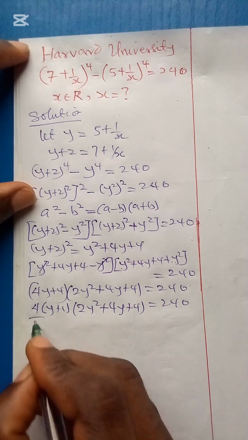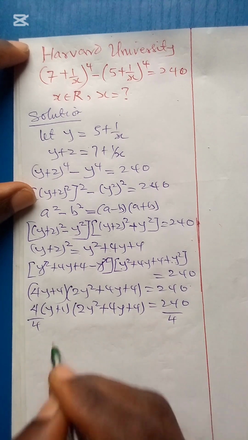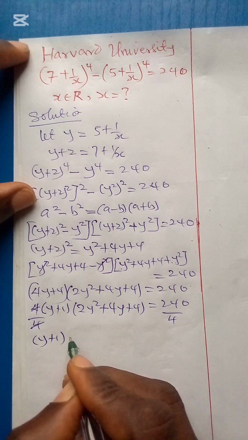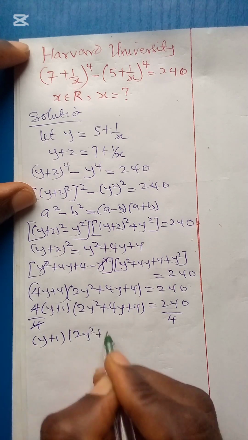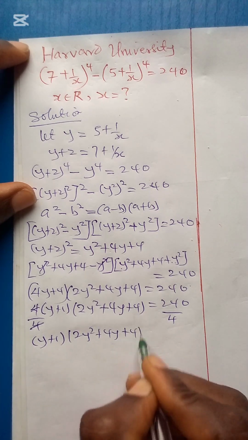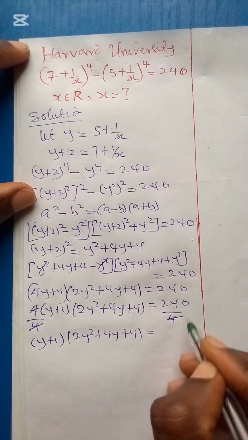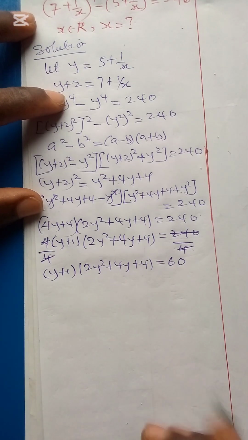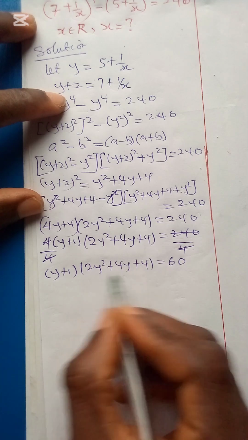So I need to divide both sides by that 4 that I factorized out. This and this will cancel out, giving us (y plus 1), then (2y squared plus 4y plus 4) equals 60, since 4 in 240 is 60. Again, 2 is common in the second bracket.